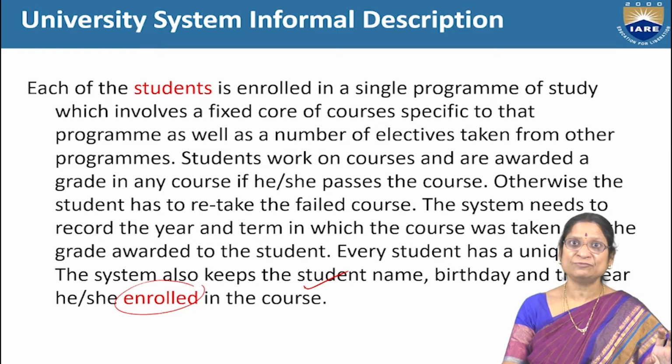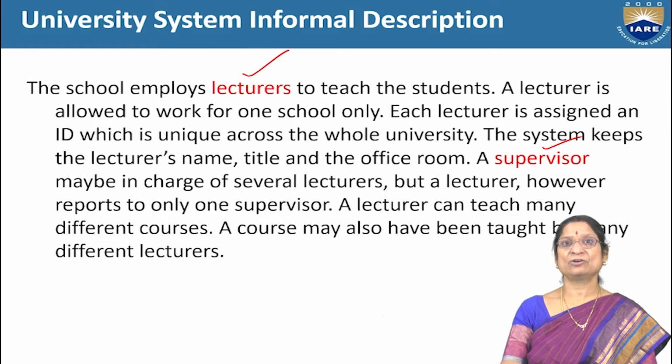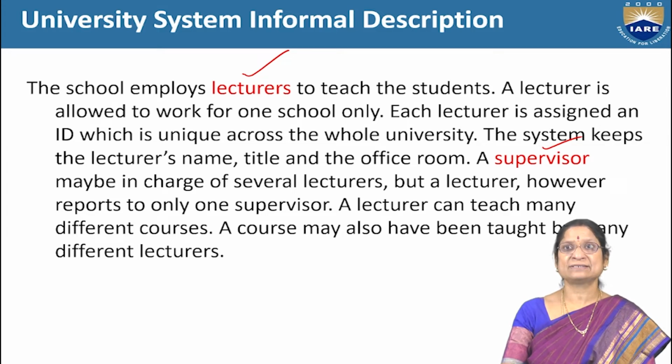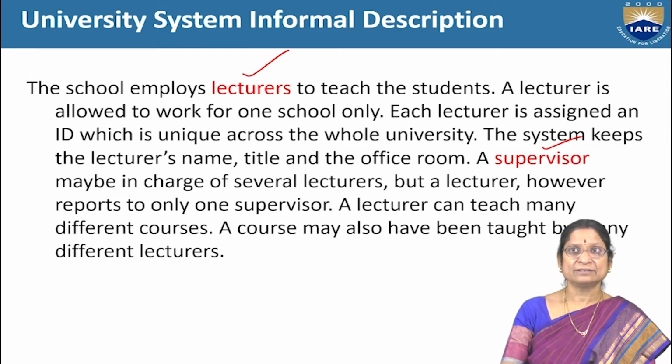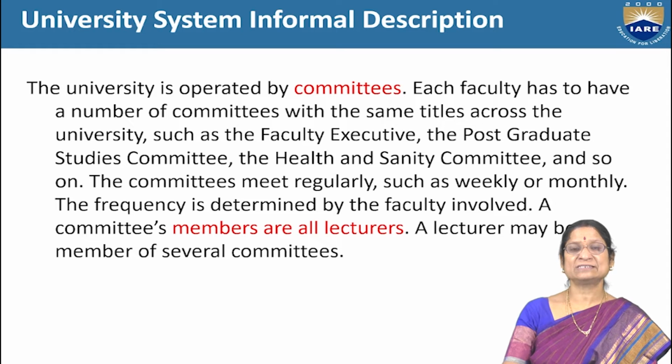That enrollment information, completed courses, and grade information has to be recorded by us. And employees: we are not considering non-teaching staff, only lecturers, and one of these lecturer employees is a supervisor.